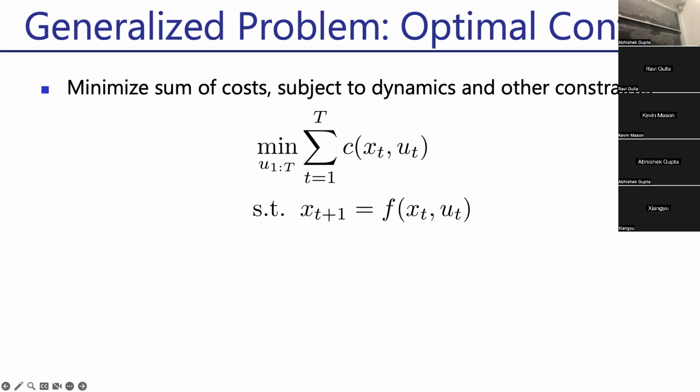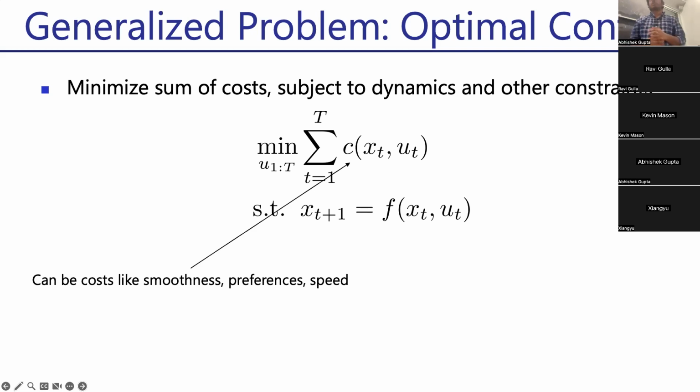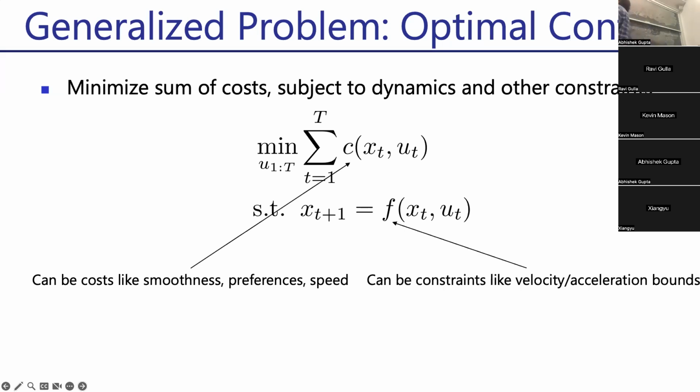And then you have your cost function, which tells you what is desired of your control. Do you want to go to some position? Do you want to do it while not tilting more than some amount, while going some speed, while having some smoothness? Typically all the things that you desire about your resulting behavior are encoded in your cost function. And the constraints of your system, like how the system can move, all go into the dynamics.